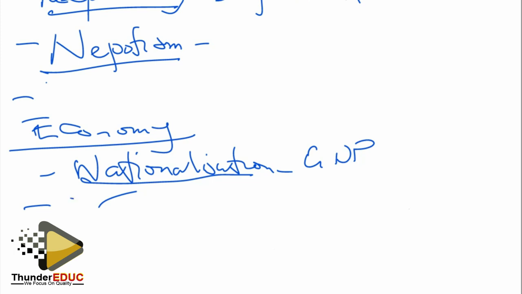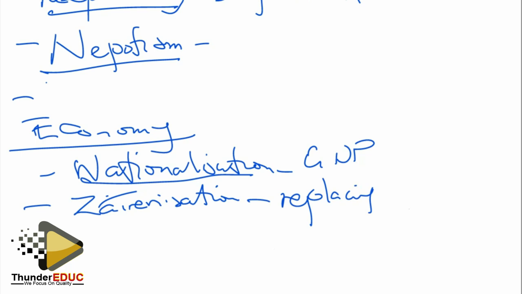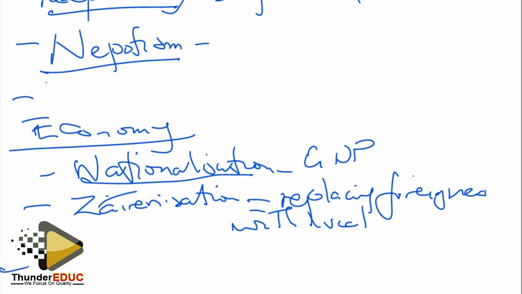Then he also introduced what was called Zairenization. This was a policy whereby he was saying the Zairian people should come first. He was replacing foreigners with local people, which means positions which were held by foreigners were removed and replaced by local Congolese people.